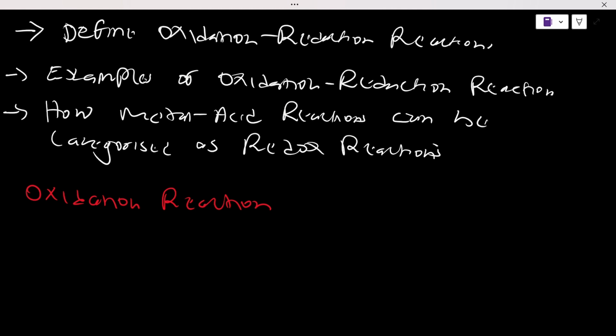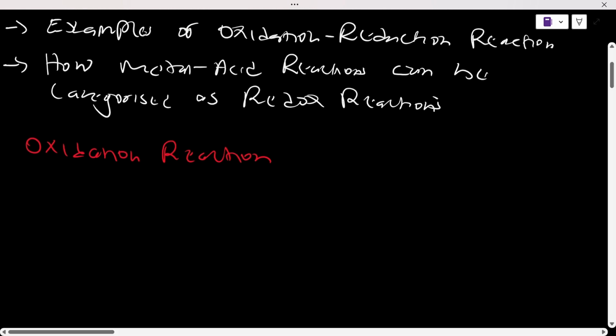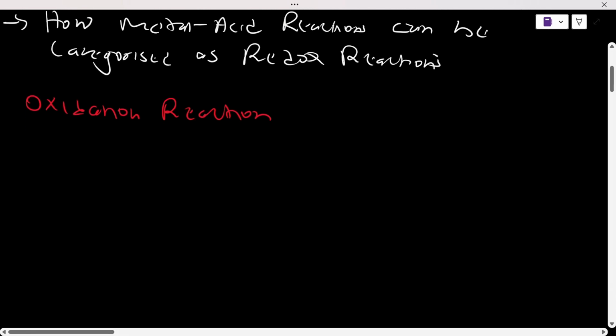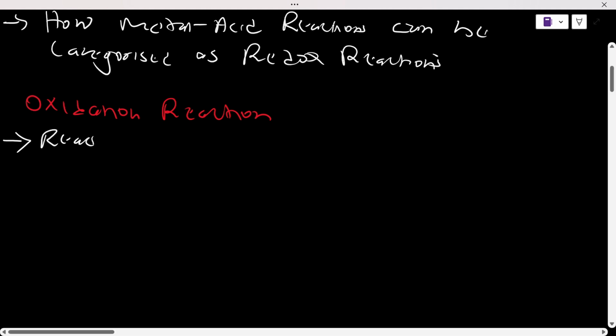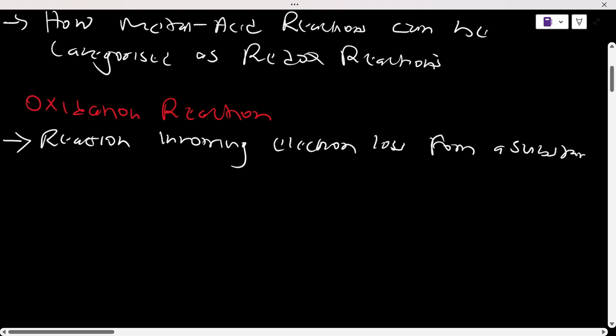The first thing we need to know is that an oxidation reaction can be defined as a reaction involving electron loss from a substance.